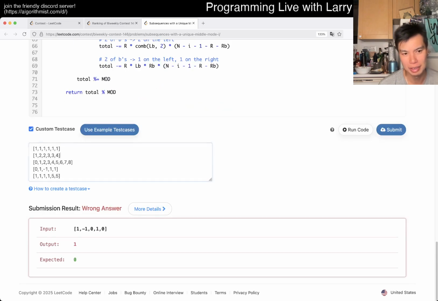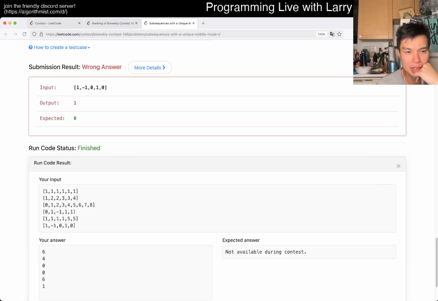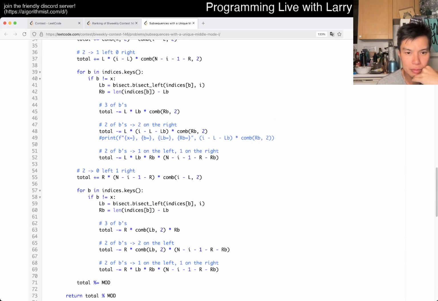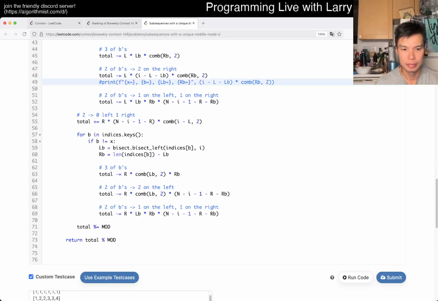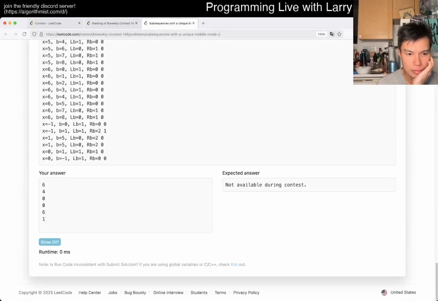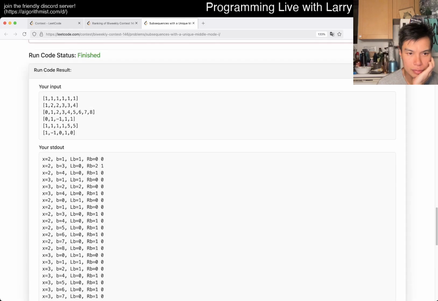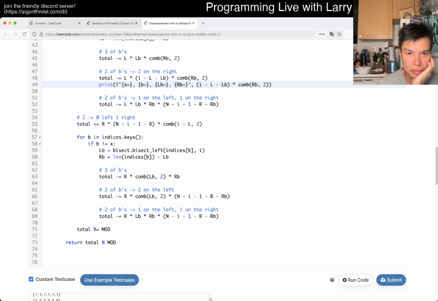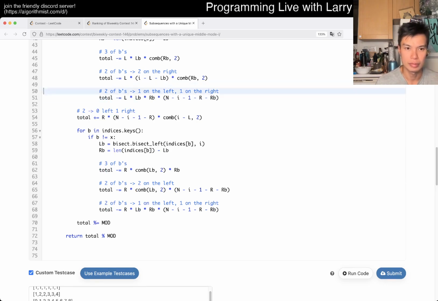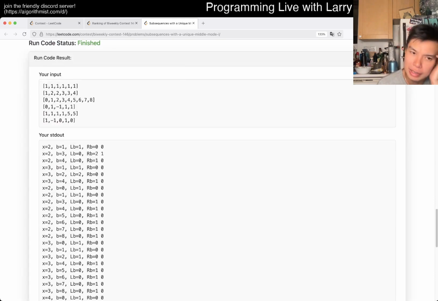Ooh, wrong answer. That took a while for a wrong answer, honestly, but okay. I output 1, it should be 0. I mean, that's true. So there is 1 because I do this.